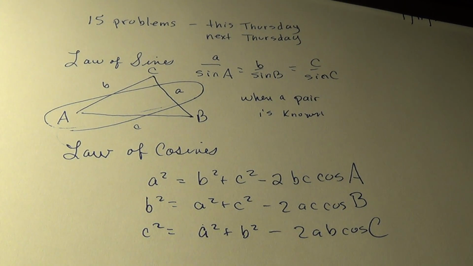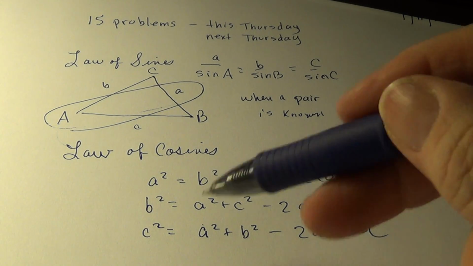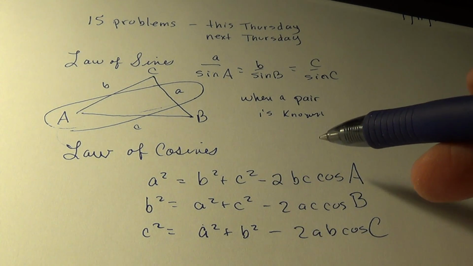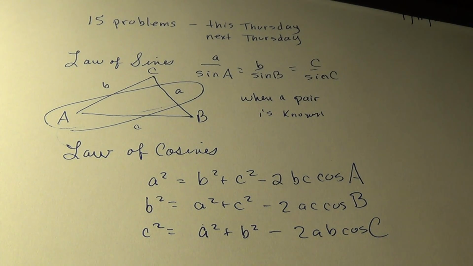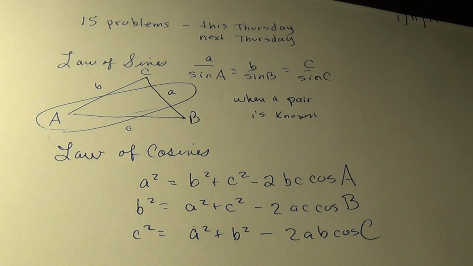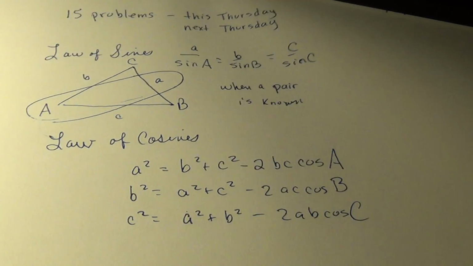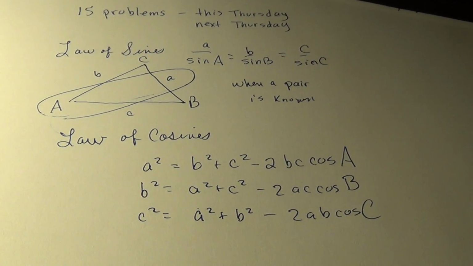Alright, so the law of cosines is used when we don't know a pair. So then we'll come up with a pair and continue finding the rest of the unknowns with the law of sines. Alright, we will work some examples to bring that back to mind in class.